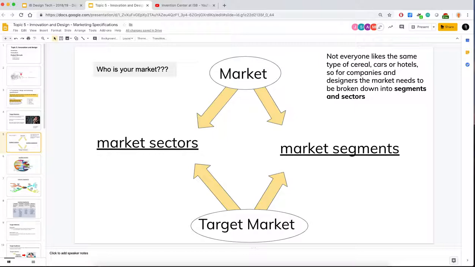The target market is who you're trying to sell to, your audience. There's two differences. We'll talk about those in a little bit. But then they're divided into market sectors and market segments. Those are very simple words, so be careful. Pay attention.